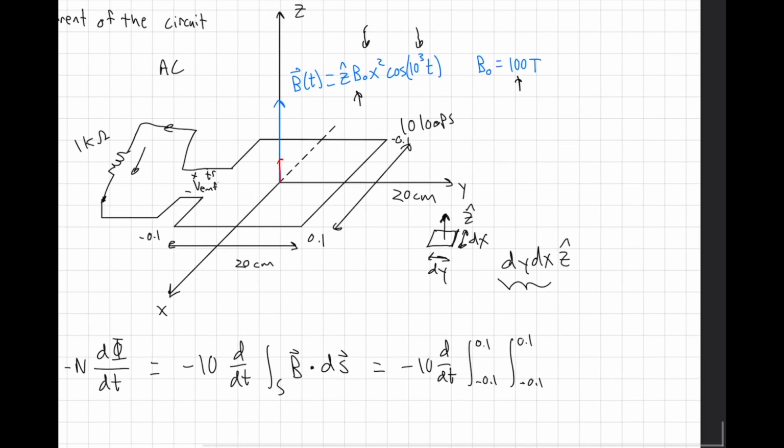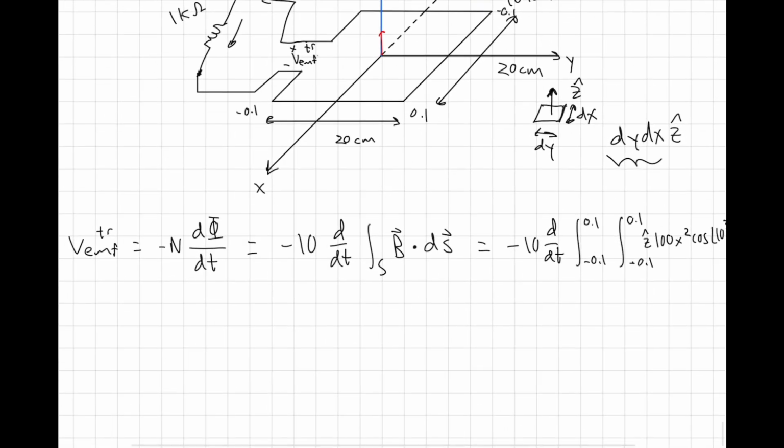We can plug in B naught, so 100, and then x squared times cosine of 10 cubed t, and then we dot that with dy dx in the z hat direction. That dot product, since they're both in the same direction, eventually becomes a magnitude of 1. So we get negative 10, the number of loops. Let's go ahead and pull that 100 out right away, times 100.